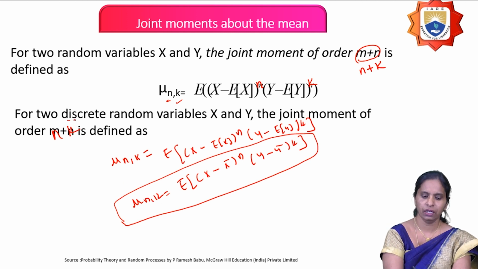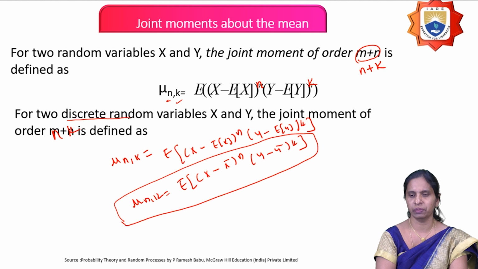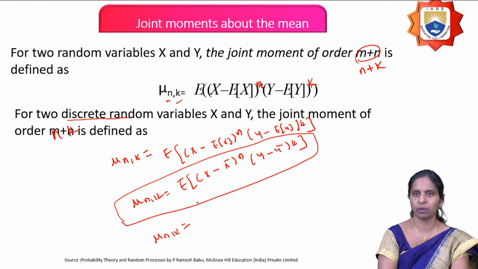Now, for example, if x and y are discrete random variables, then what is the formula for the joint moment? How many random variables do you have? Two random variables. So for discrete, we have to take the summation.